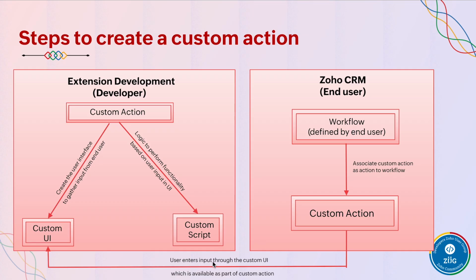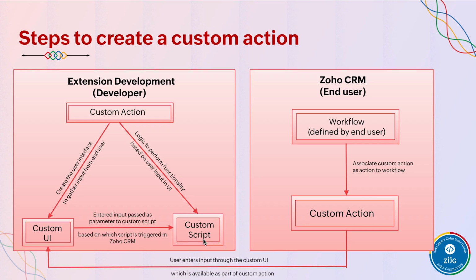The input is passed as a parameter to the custom script. Whenever this workflow condition defined by the end user is met, based on the input that's provided, the custom script will be triggered to get a personalized outcome for that workflow.